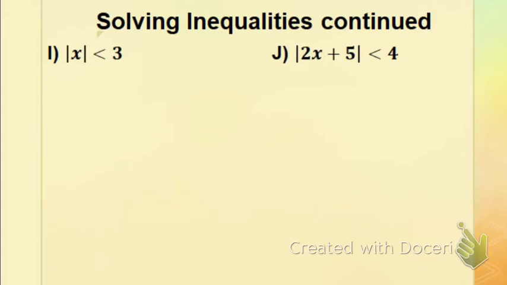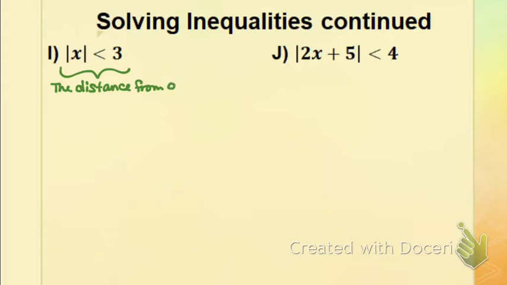Absolute value. Ugh. 2 solutions, yes. What is part I actually saying? Like, if you had to interpret this for somebody that's never seen this before. Yes, Eni. It's saying the distance from x to 0 is less than 3. Yes. The distance, and you're correct, from x to 0.